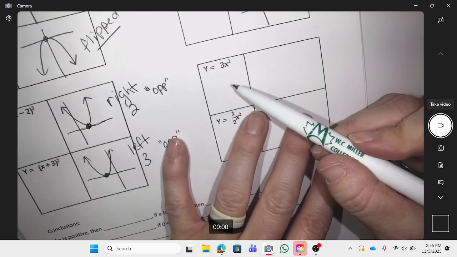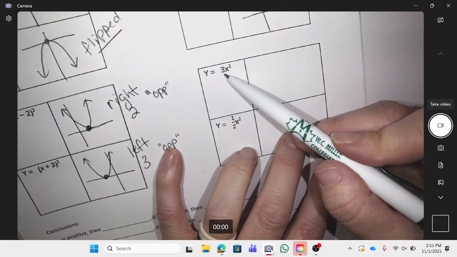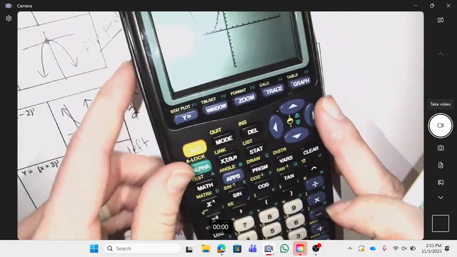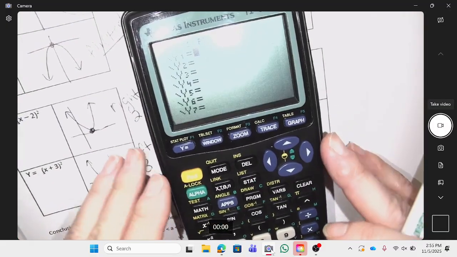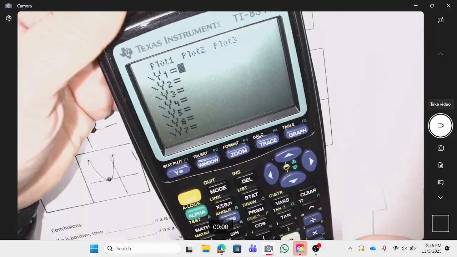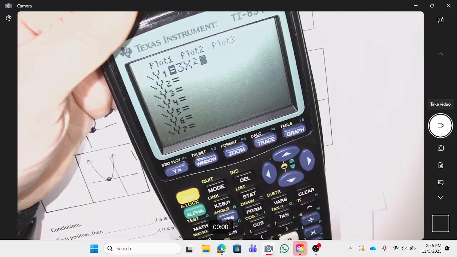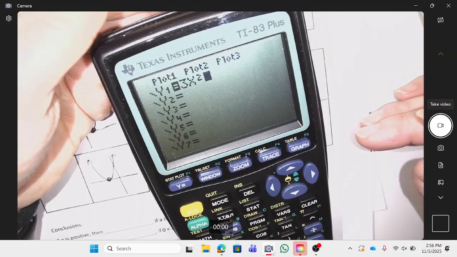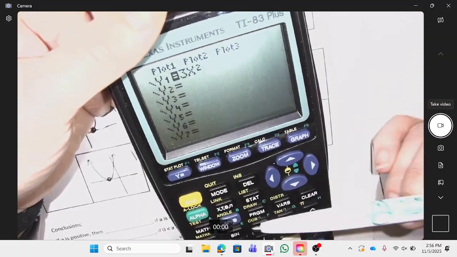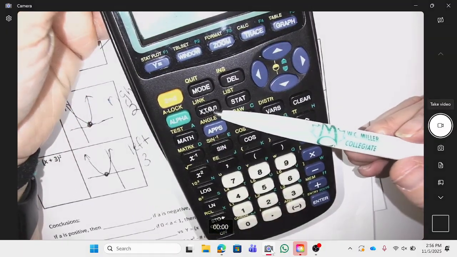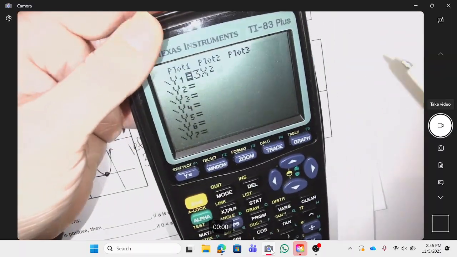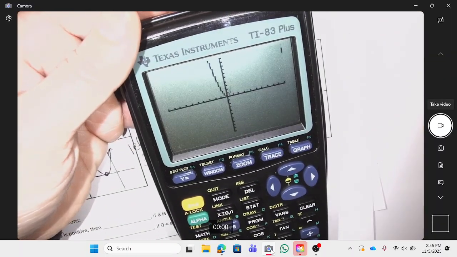Okay, so now we're going to add some number in the front here. So go y equals, clear, just retype 3x squared. Okay, we're always using this variable. This is called the variable button. So 3x squared, graph it.